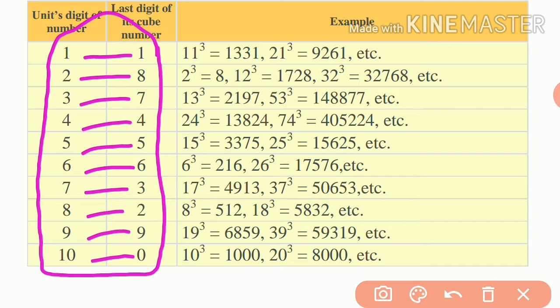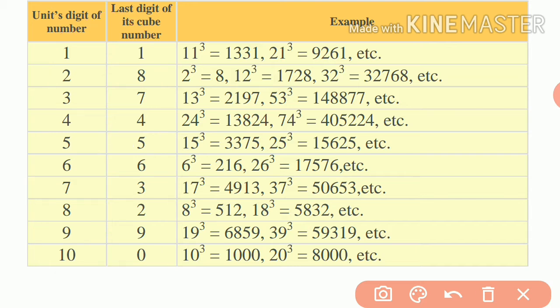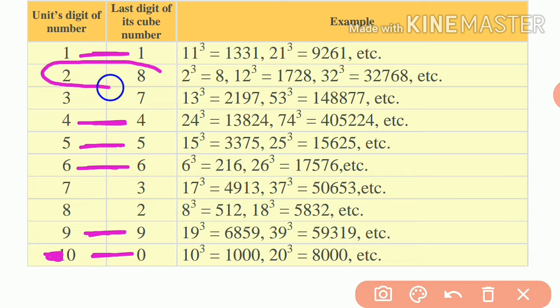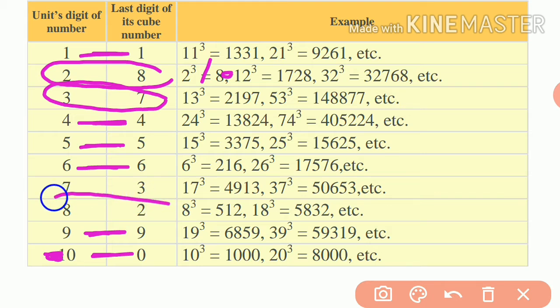Here is some interesting pattern. 1 and 1 are the same number, 4 and 4 are the same, 5 and 5 are the same, 6 and 6 are the same, 9 and 9 are the same, and 0 and 0 are the same. The difference is only here, but there is a relation between these numbers: 2 plus 8 equals 10 and 3 plus 7 equals 10, and similarly 8 and 2 equal 10, and 7 and 3 equal 10.